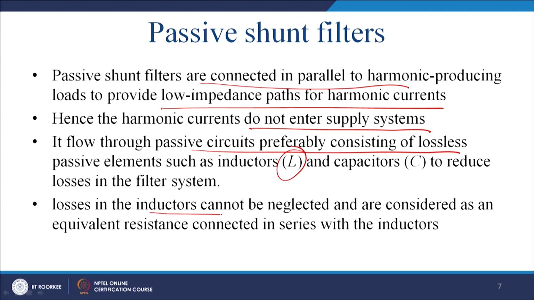Losses in the inductor cannot be neglected and are considered as an equivalent resistance connected in series with the inductor. So, we have to add the resistance to account for the losses associated with it.